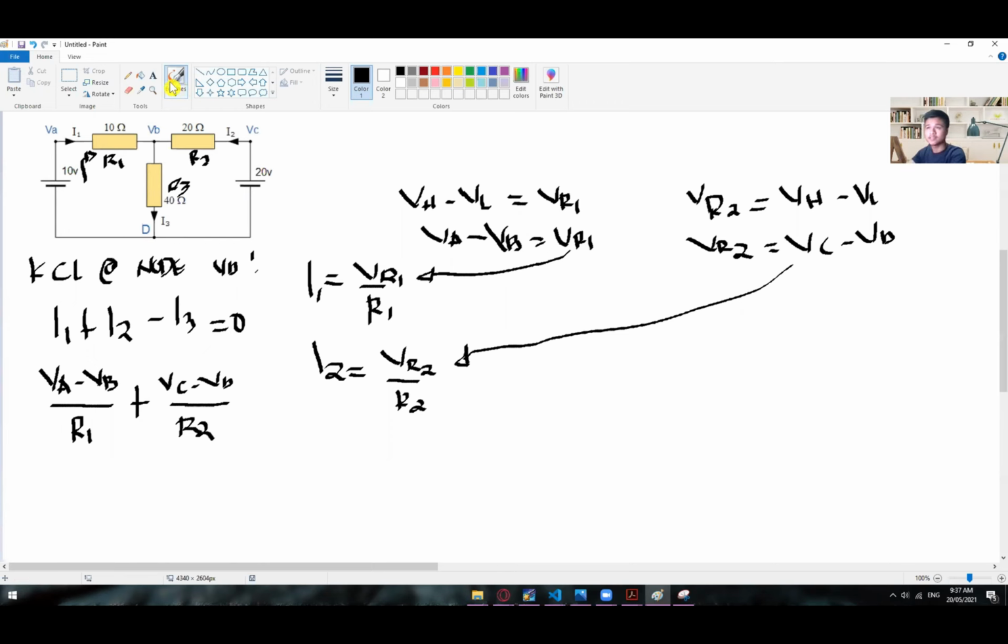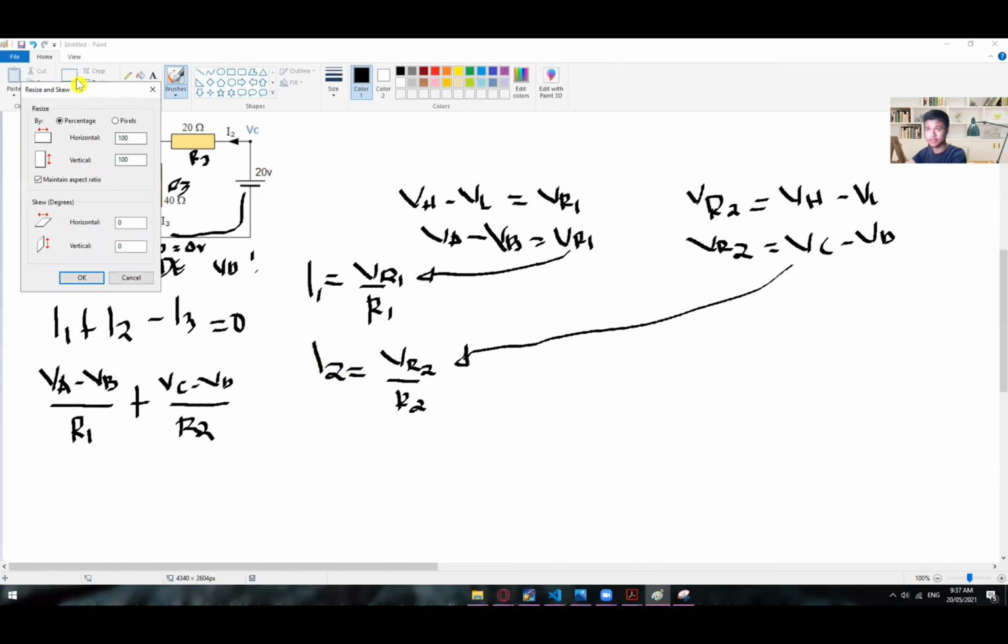As you can see right here, the one connected on the negative side is this node B, and the same with this one on the negative side, or the electron side, is this D. As we all know, ground is always 0 volts, or the reference node is always equal to 0. So we already know that VD is equal to 0. We can actually use this already.